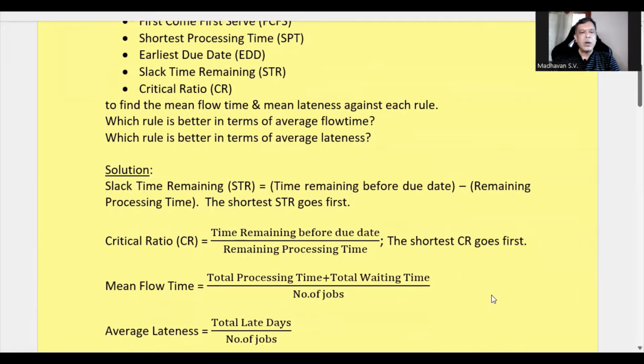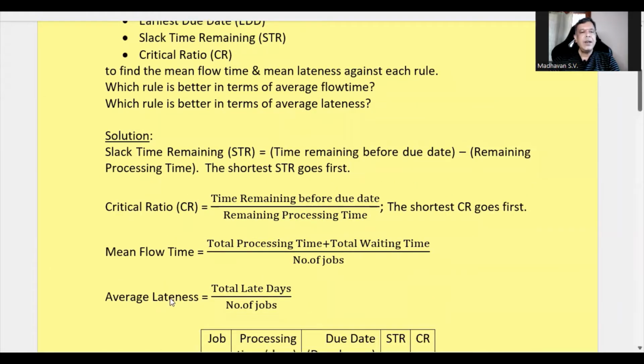Flow time is nothing but the processing time plus waiting time. So mean flow time can be calculated as total processing time plus total waiting time, the whole thing divided by the number of jobs. Average lateness can be found using the formula: total late days, or lateness, divided by the number of jobs.